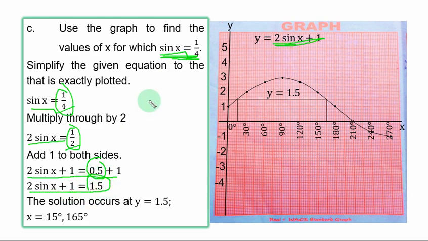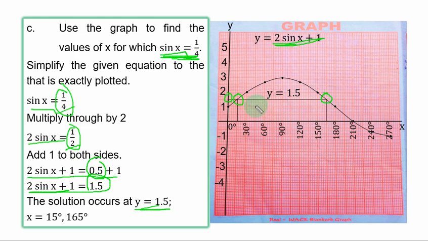What that means is that the solution of this equation occurs at y equals 1.5, because everything you have here is y. So you go to the y-axis and you locate 1.5 somewhere here, and you trace it across the curve, and it comes in contact with the curve at 2 points.